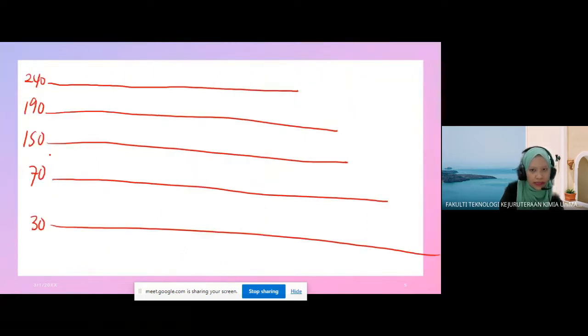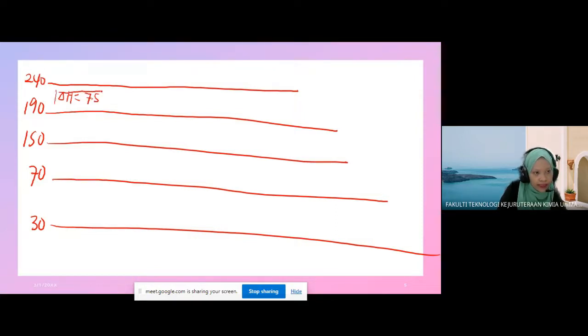And then rewrite the delta H that you have calculated just now. For the first interval, delta H is 7.5.